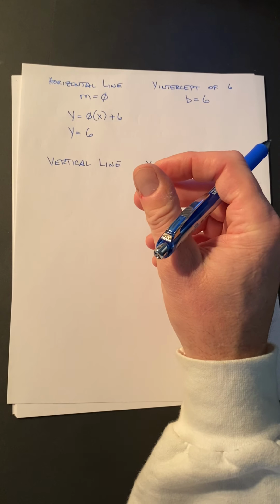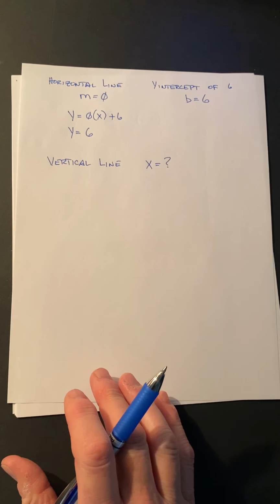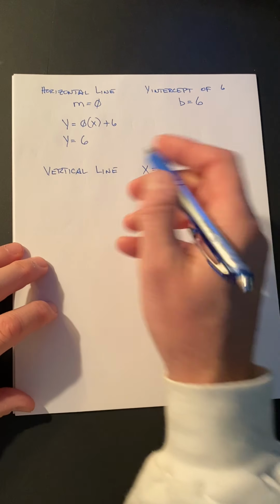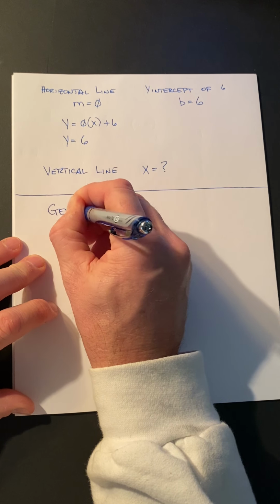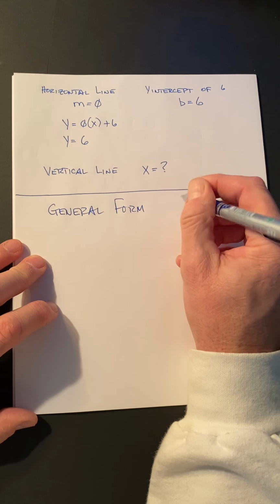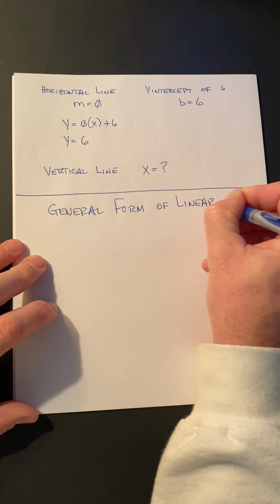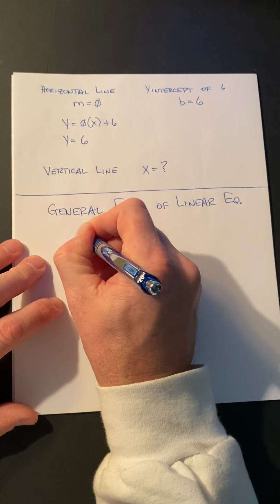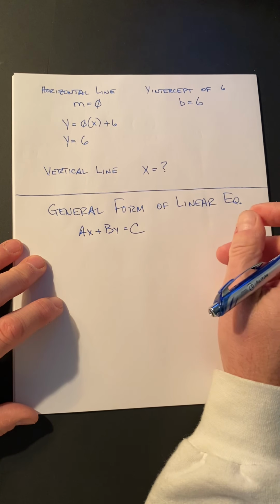So let's see, what are we going to talk about next? We talked about graphing. So the general form of a linear equation is simply going to be ax plus by is equal to c, okay?